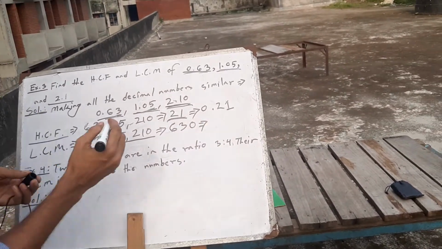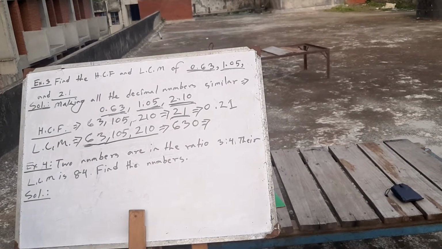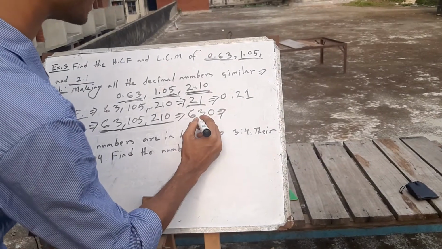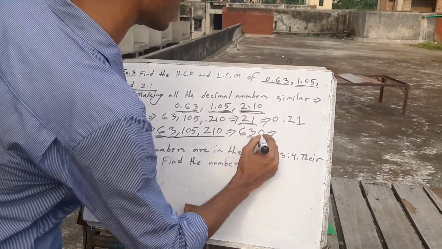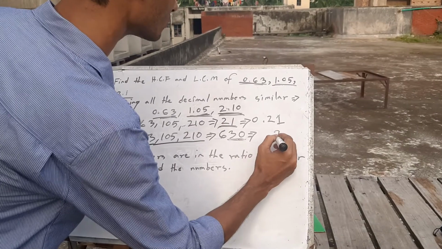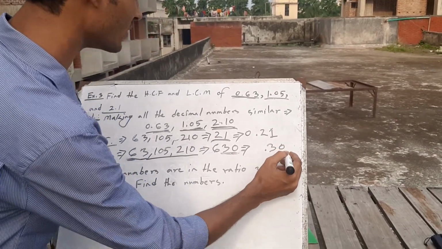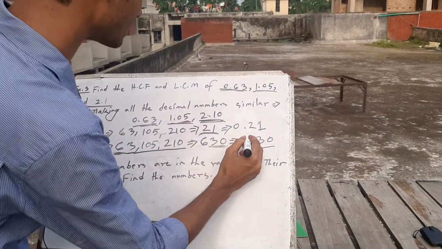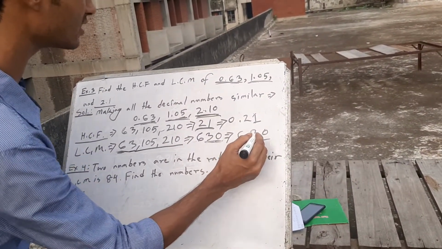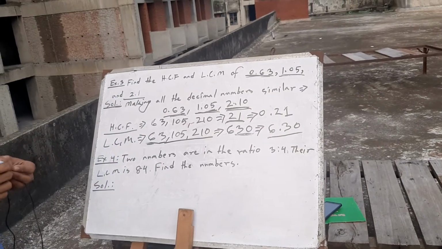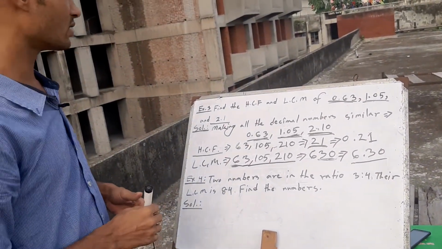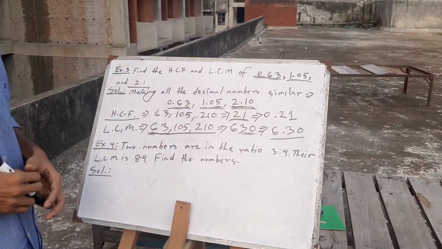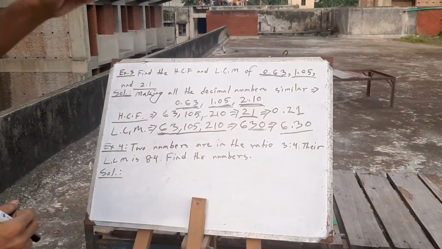Then what we need to do? We need to make 2 digits after the decimal point. Here we have 2 digits after the decimal point. We need to put the last 2 digits, 30, to make it equivalent to our question. Okay, then 6 is in our hand, then 6.30 will be the result of L.C.M for the 3 decimal numbers 0.63, 1.05 and 2.10.